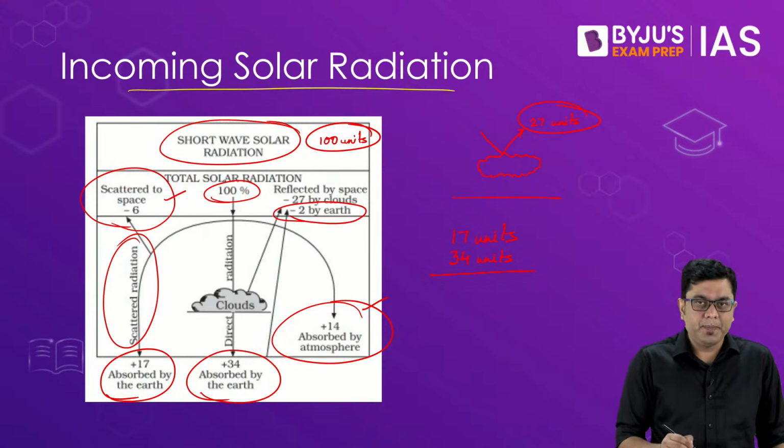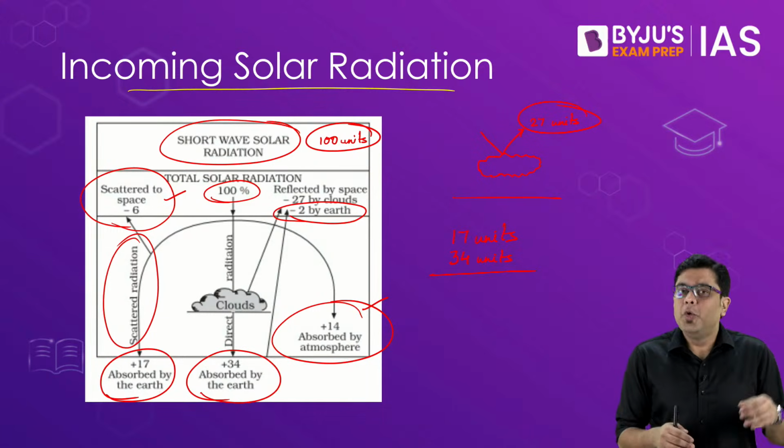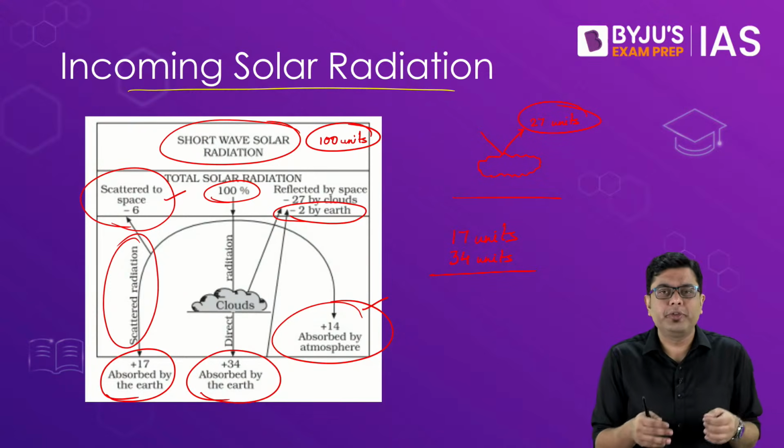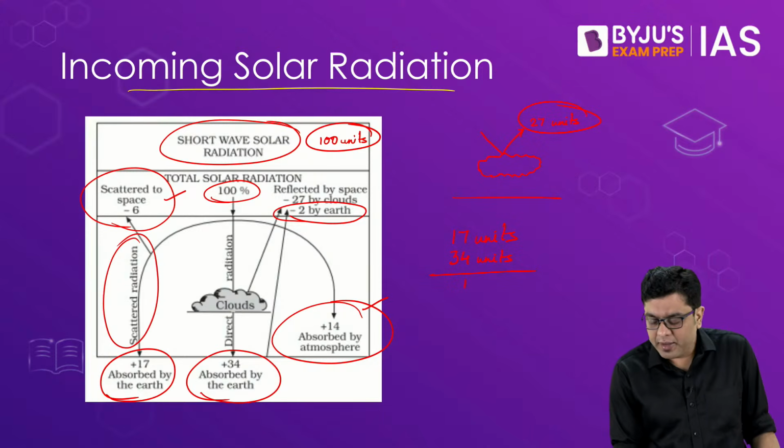So in total, if we have to calculate the amount of solar rays which reach and hit the Earth's surface and carry on the process of heating of the Earth's surface, you come across a figure of 51 units.